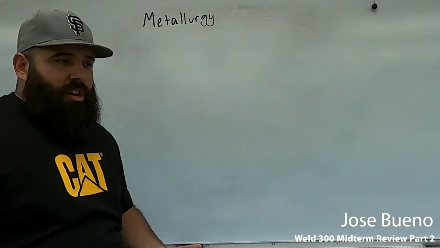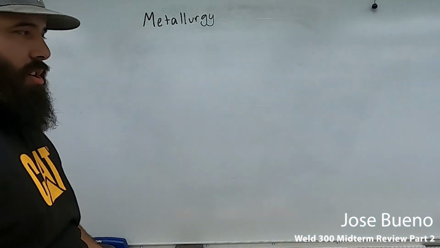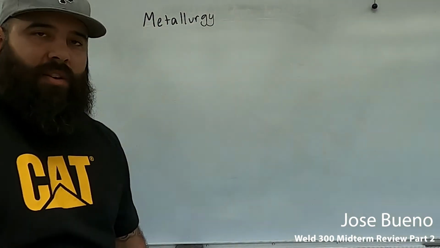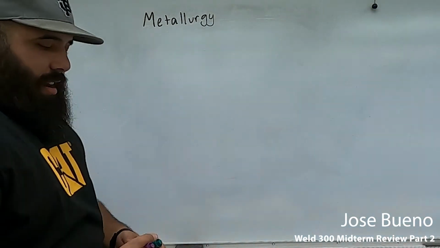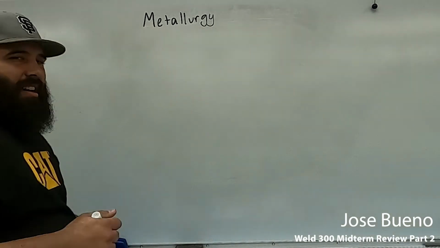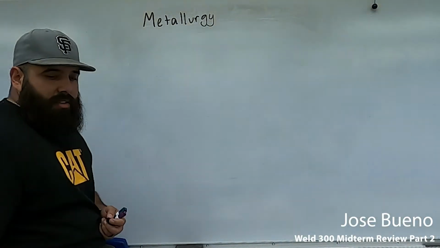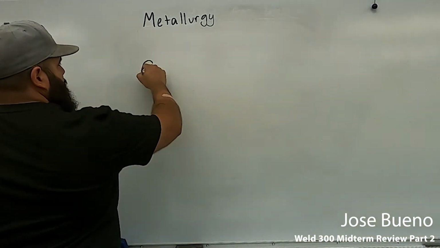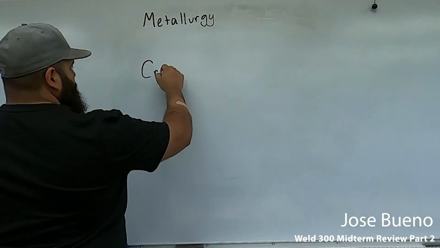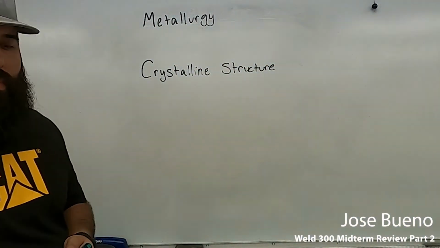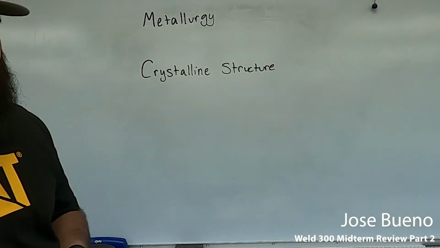Wood has a grain structure, plastic has a grain structure, ice has a grain structure, steel has a grain structure. We're going to be talking about a few different topics. Leading off with grain structure, we're going to be talking about crystalline structures. That's just a fancy way of saying grain structure.